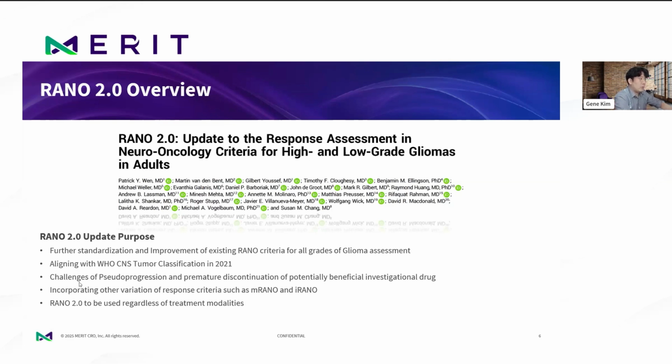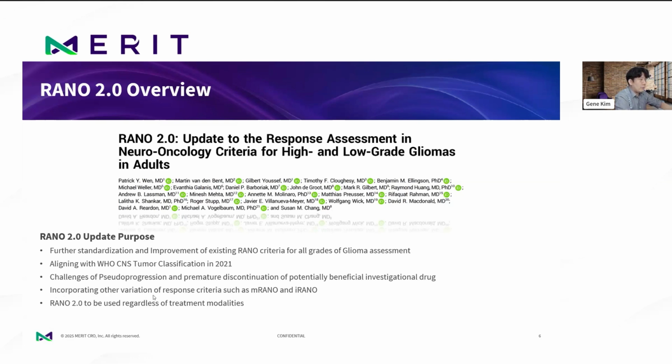So they're incorporating these as well as the challenges of pseudoprogression, that causes some concerns for premature discontinuations for some subjects who potentially could have benefited from those investigational drugs. So addressing how to deal with these pseudoprogression challenges also helps to make sure premature discontinuation can be avoided.